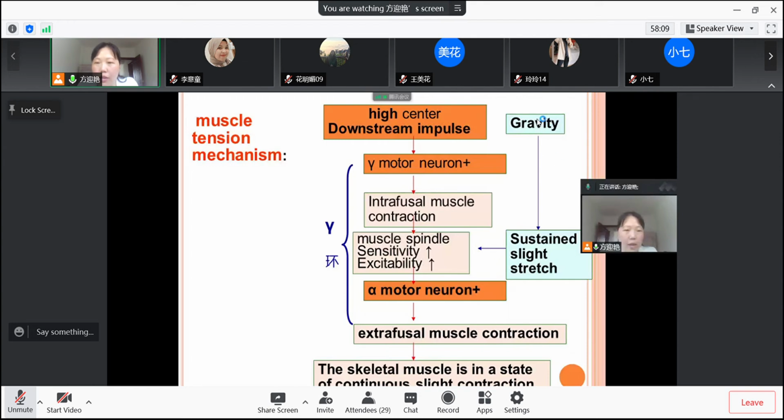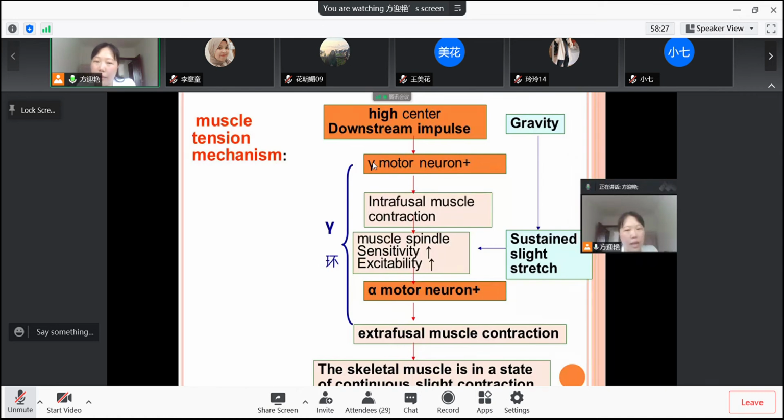Also there is gravity, and this leads to sustaining slight tension. They also can do that. So this is the meaning of skeletal muscle contraction.